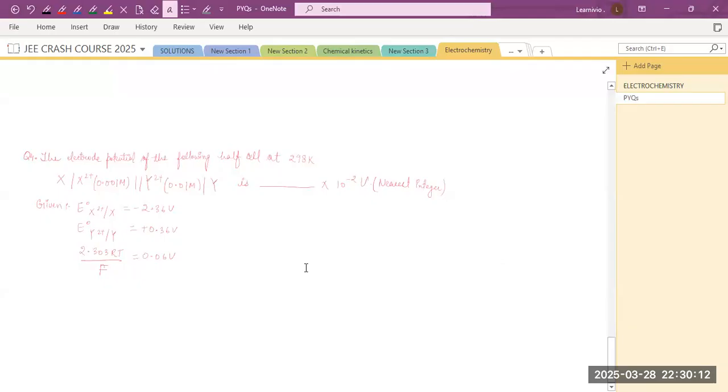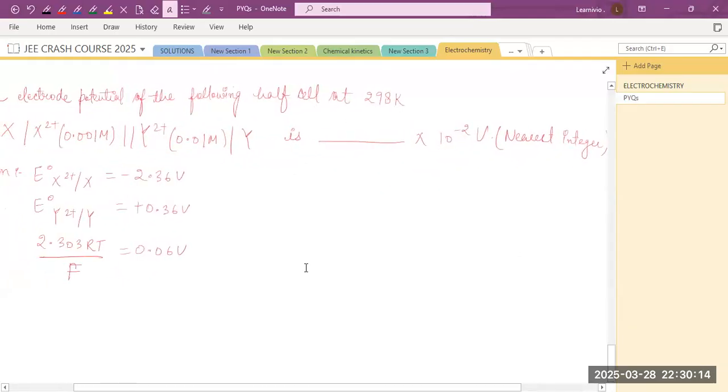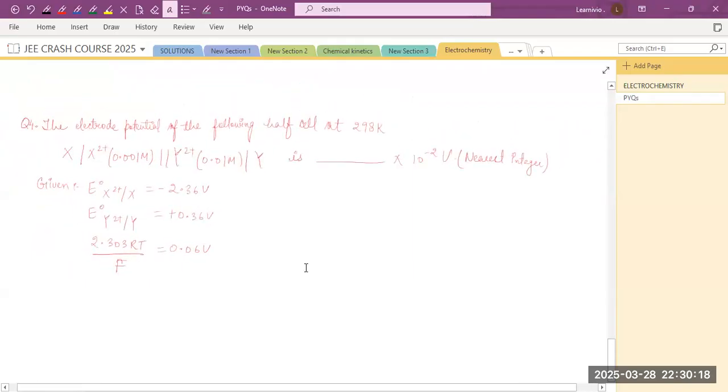So here the electrode potential of the following half cell is given. They have asked the electrode potential of the half cell. The half cell is this, X, and the concentration of X2+ ion is given as 0.001 molar, and the Y2+ concentration is 0.01 molar.